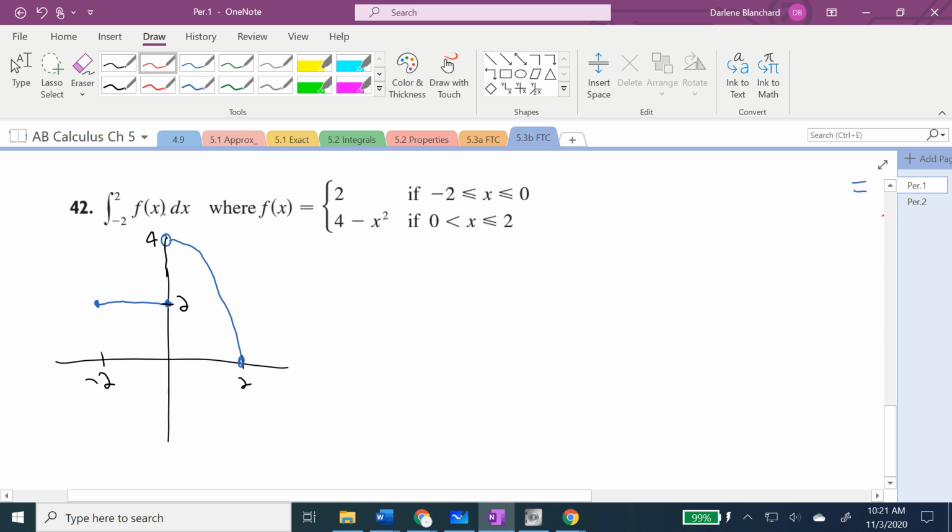If I draw a big giant vertical line where that jump happens, that just shows you how it's going to split this up into 2 sections. You have from negative 2 to 0, you're going to follow this. And you could actually just do area if you wanted. And then from 0 to 2, you're following the function with that vertical line cutting off the area.